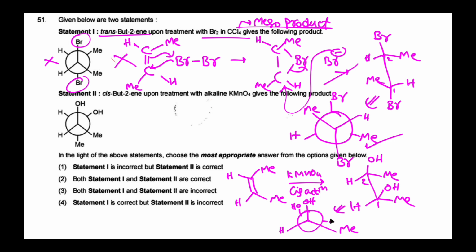That is Me and H. By rotating 60 degrees with respect to first carbon, keeping it constant, that is OH, Me, H. The second one, by rotating 60 degrees, we can get OH here and Me here and H here. So the second one is the correct answer. So statement 1 is incorrect, statement 2 is correct.